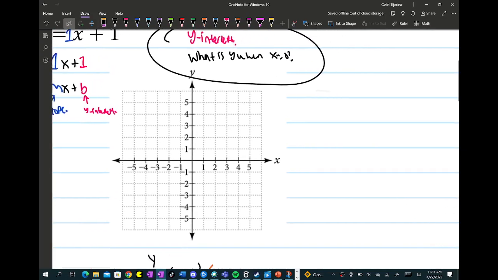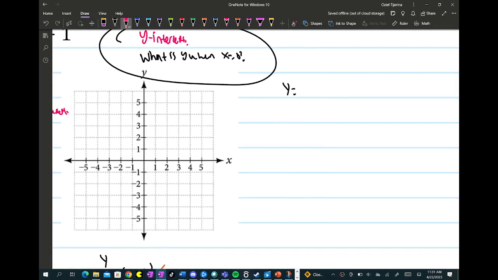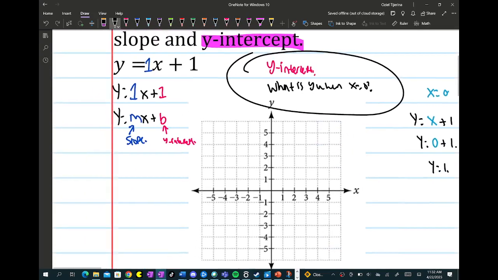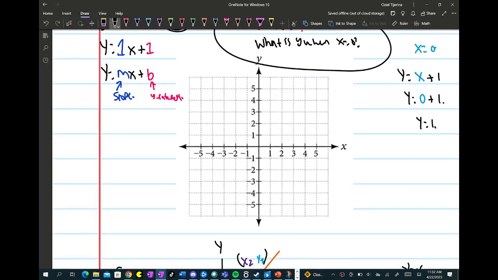So if we plug in 0 for x in y equals x plus 1, we get y equals 0 plus 1, so y equals 1. Another way you can look at it is, the y-intercept is y equals 1, or b, it would be at (0, 1). So you would plot it right here, and that is the y-intercept.